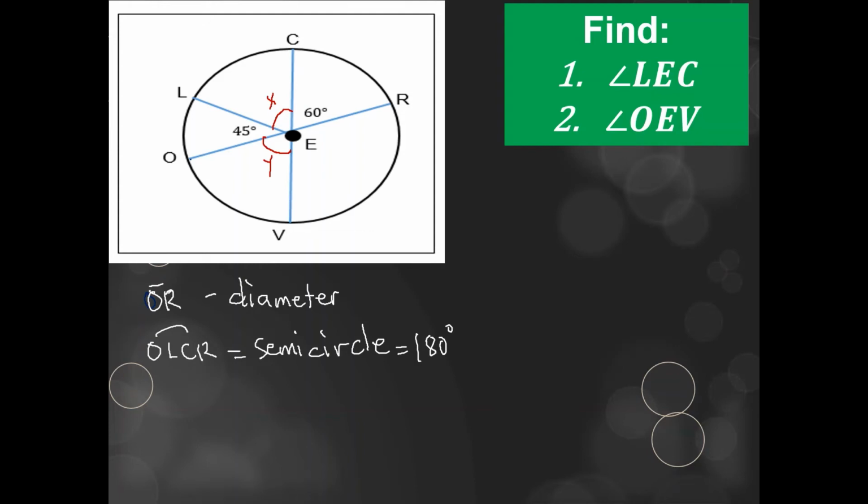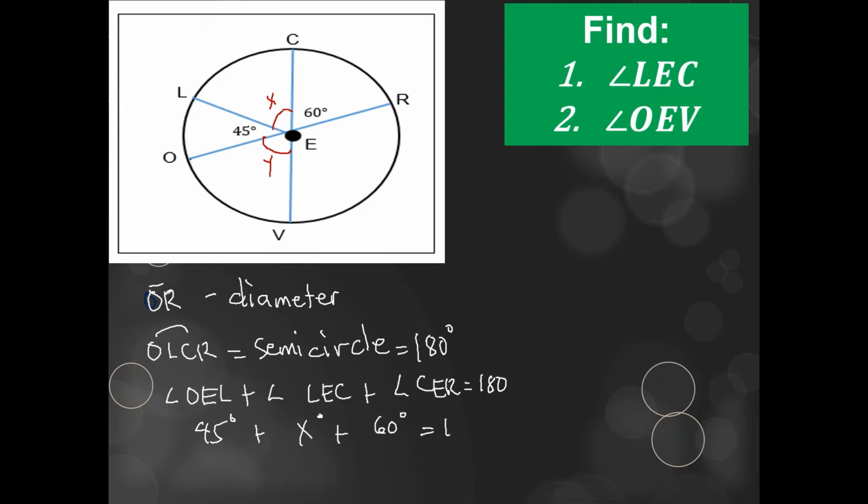angle OEL plus angle LEC plus angle CER is equal to 180 degrees. OEL measures 45 degrees. The measurement of LEC is X, and the measurement of CER is 60 degrees.